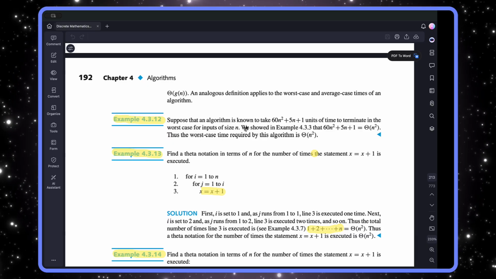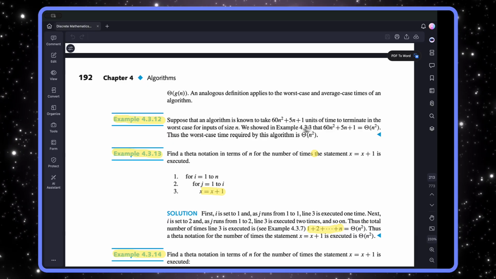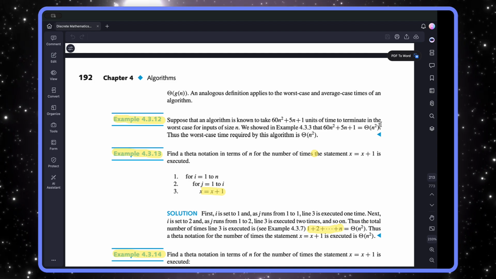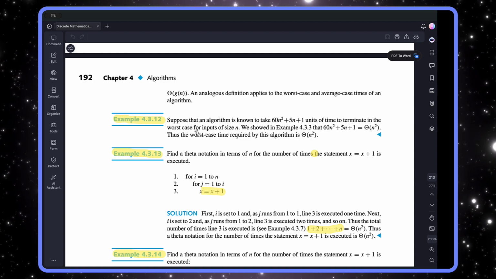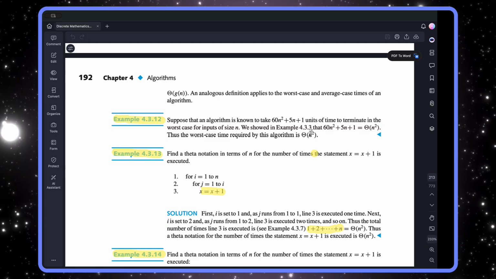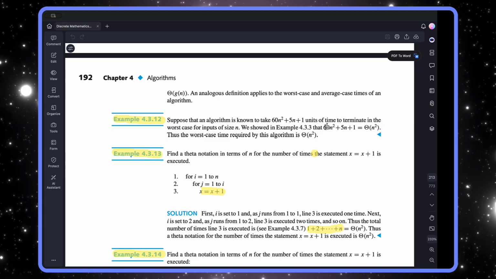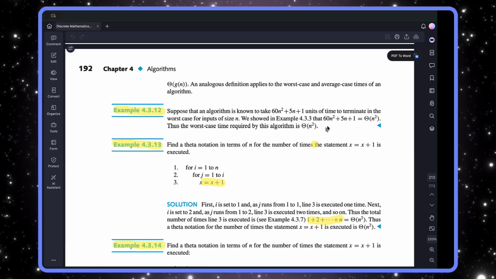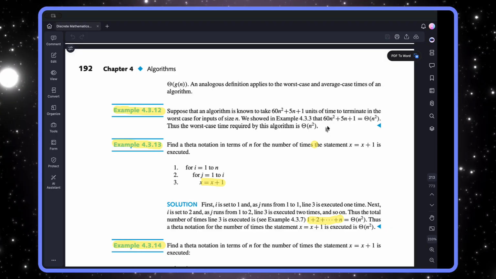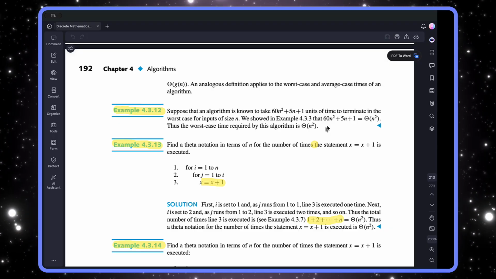What does that mean? Well, we showed in one example that this function is of order n squared. So the worst case time required by the algorithm is order of n squared. It may not be exactly n squared, but some constant times n squared. That's how it grows. That's how it gets larger.